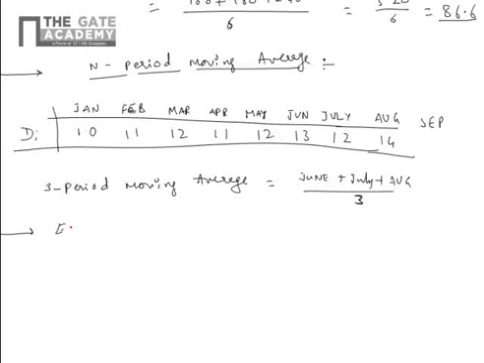So next one is exponential smoothing. When the data has trend and seasonality, we go for exponential smoothing. Here, in the exponential smoothing method, the weight of the data diminishes exponentially as the data becomes older. Instead of giving arbitrary integer values, the weights exponentially go down as the data becomes older.